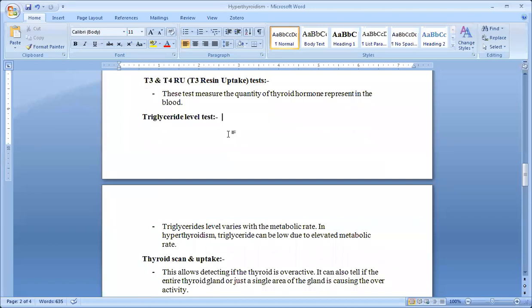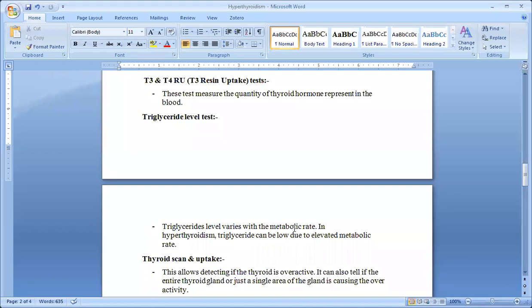Triglyceride level test. In this, the triglyceride level varies with the metabolic rate. The higher the metabolic rate, the more the triglyceride decreases. In hyperthyroidism, the triglyceride can be low, because the metabolic rate increases and the triglyceride level decreases.